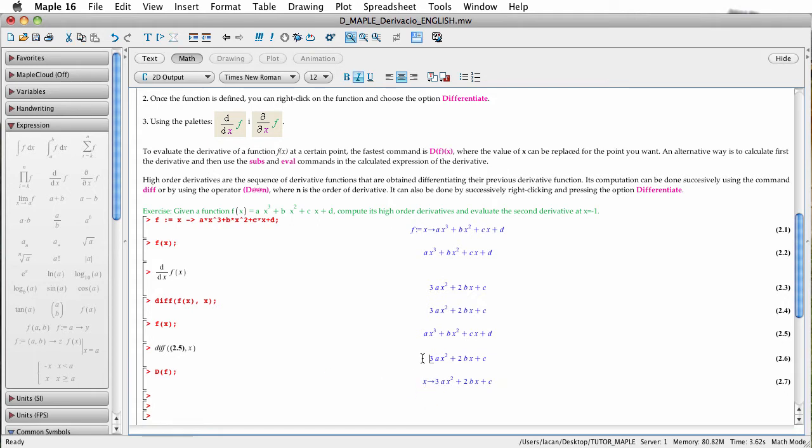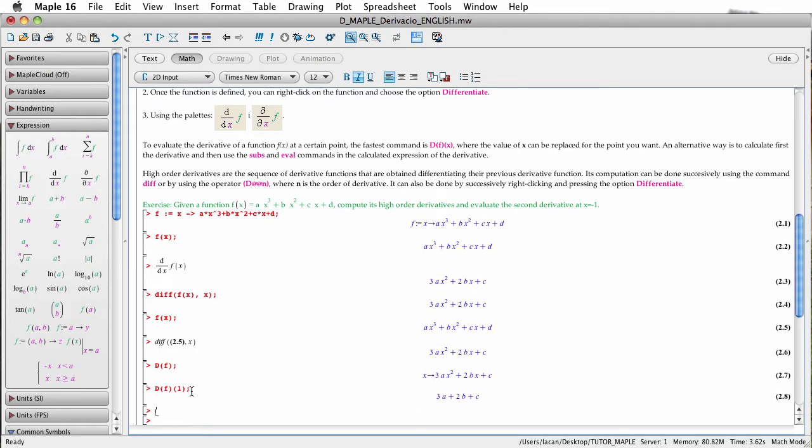So this is the derivative as an expression, and this is the derivative as a function. So remember that if I have a function, for instance f, I can evaluate the function at a point. So I will also be able to evaluate the derivative at a point. So D of f at a point 1 is the value of the derivative. If you substitute by 1 here, you get the result.